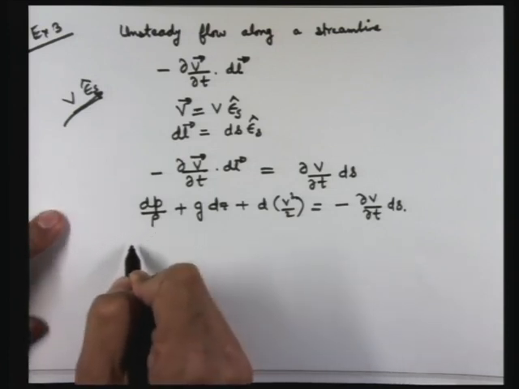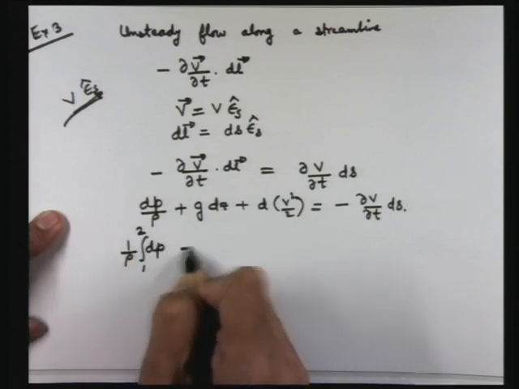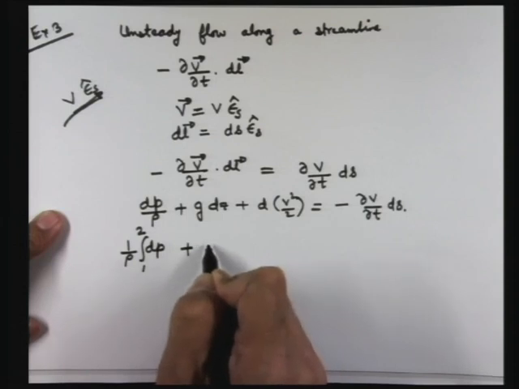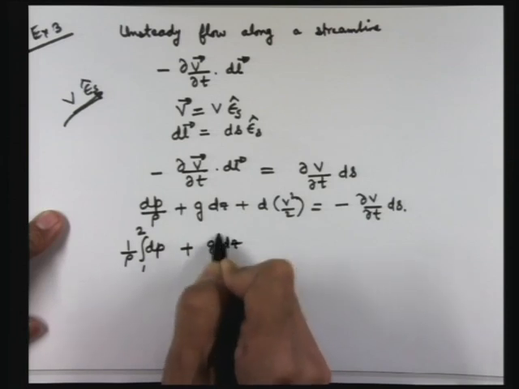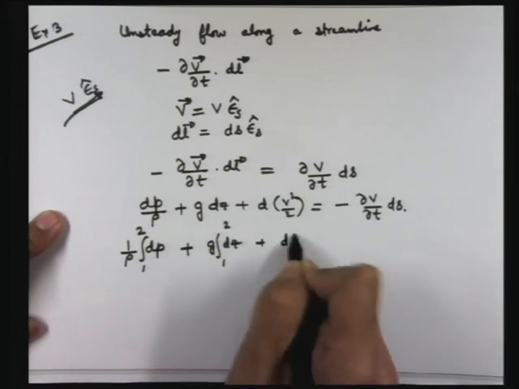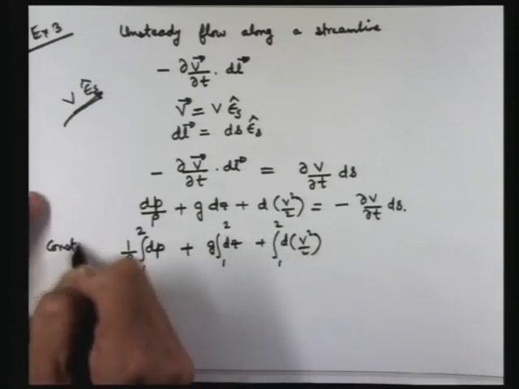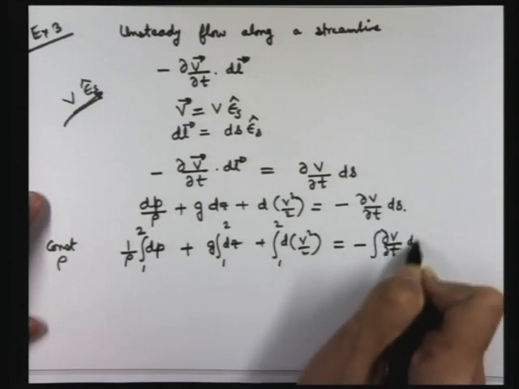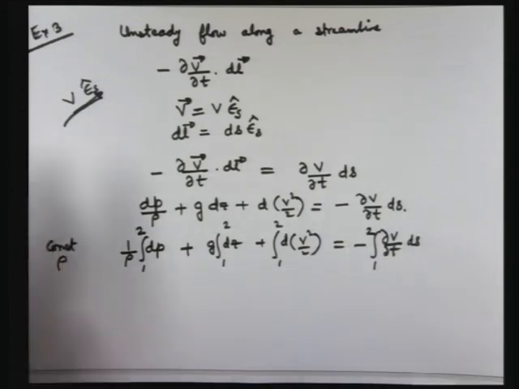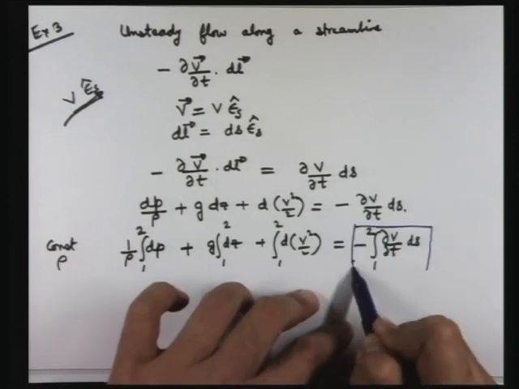If you have constant rho, you can see that this is like the Bernoulli's equation, but you have one additional term due to unsteadiness.